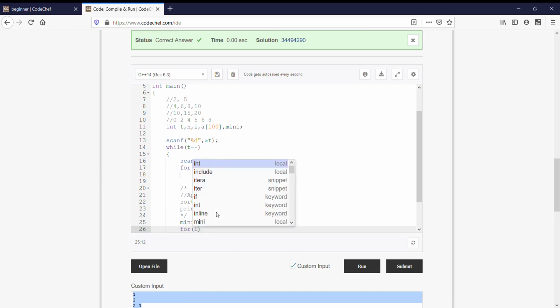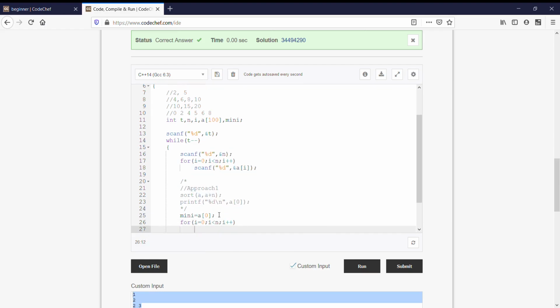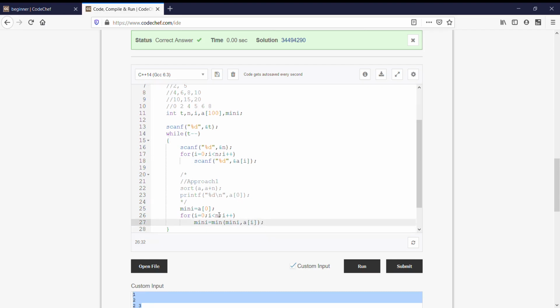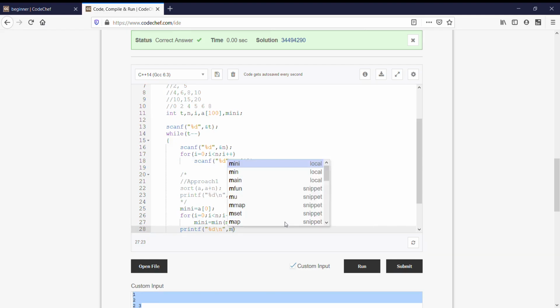Then we would be traversing from 0 to n and updating the value of mini, which is the minimum of the previous value, that is mini, comma a of i. So it will keep on updating this value and store the minimum value in mini. So we will print the answer, which is mini.